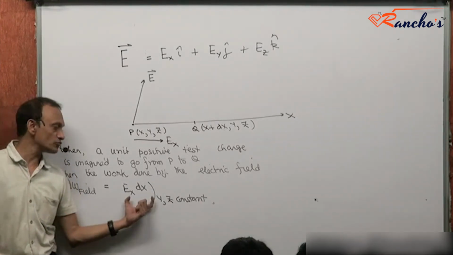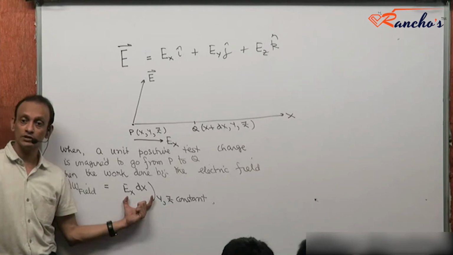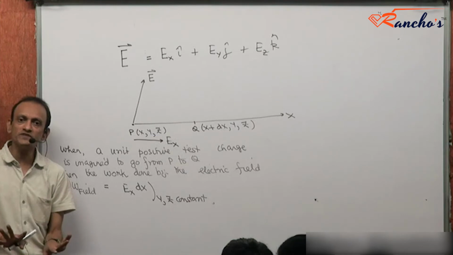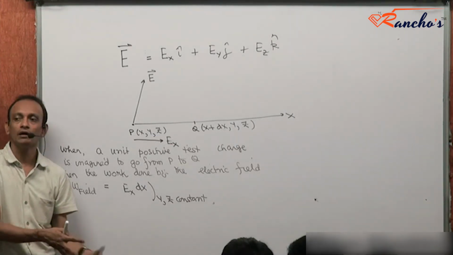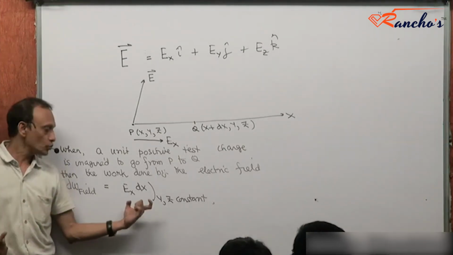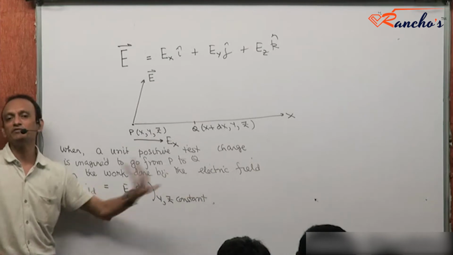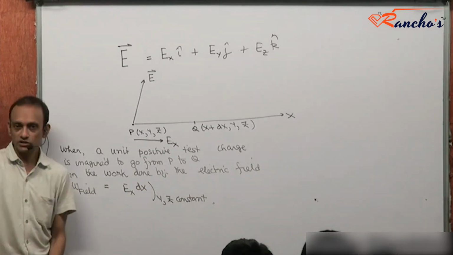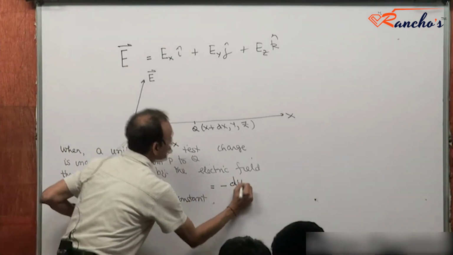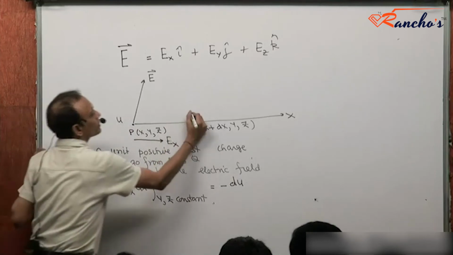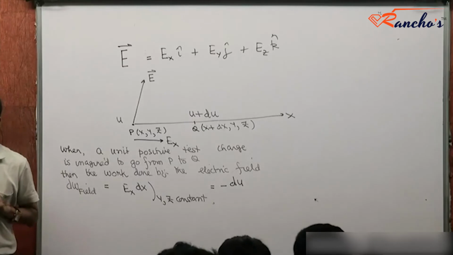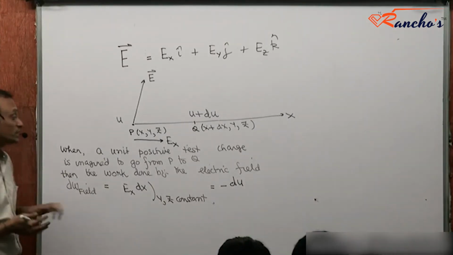In this case, since it's work done on a unit positive charge, it will be the negative of the change in potential. Where you take a unit positive charge, the force is replaced by the electric field and potential energy is replaced by potential. So work done by the forces of the field would be negative of the change in potential. That means if the potential here was u and it changed by an amount du, then the negative of the change in potential is minus du, keeping y and z constant.